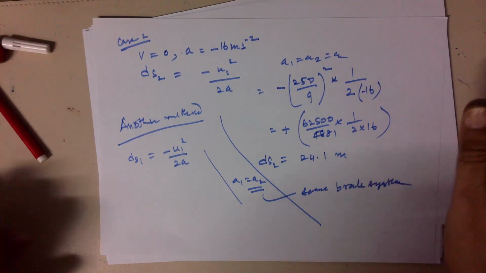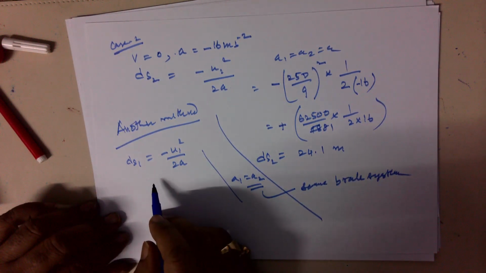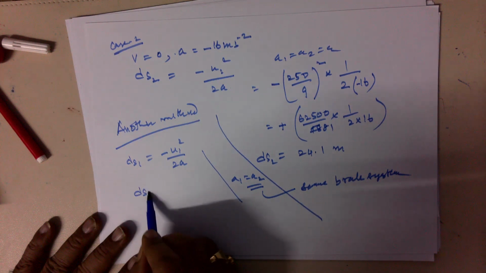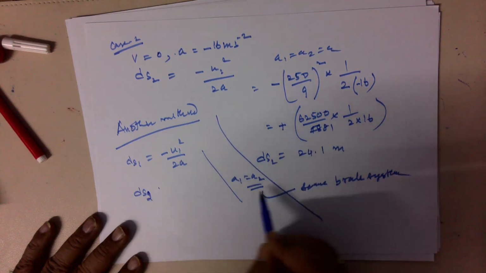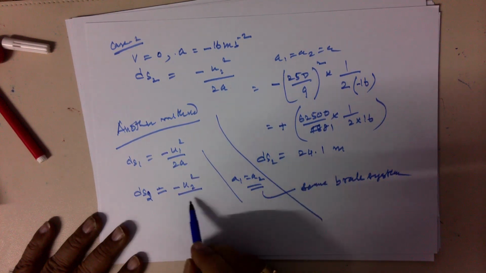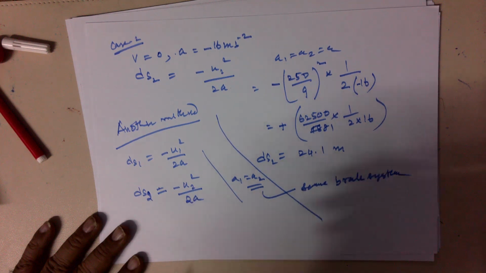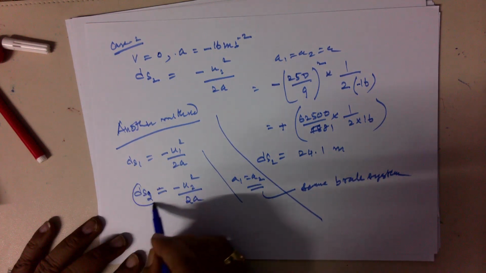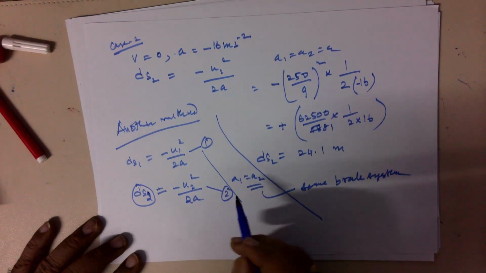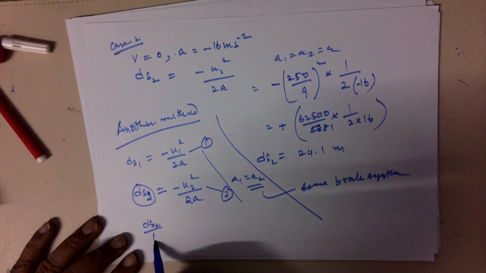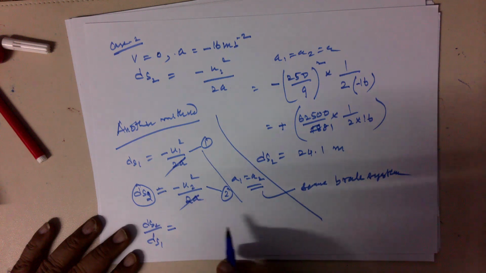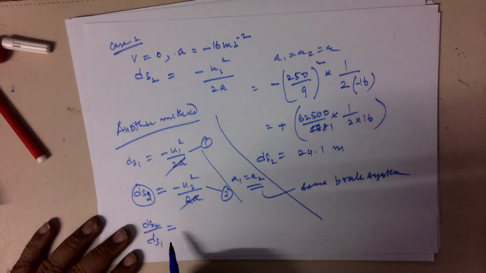So because of this braking efficiency, now what happens here? ds2 is equal to minus u2 squared divided by 2a once again. So we are interested in this ds2. Let us consider these as equation 1 and equation 2. Therefore, ds2 by ds1 is equal to, the 2a can be cancelled, and minus of minus becomes plus.